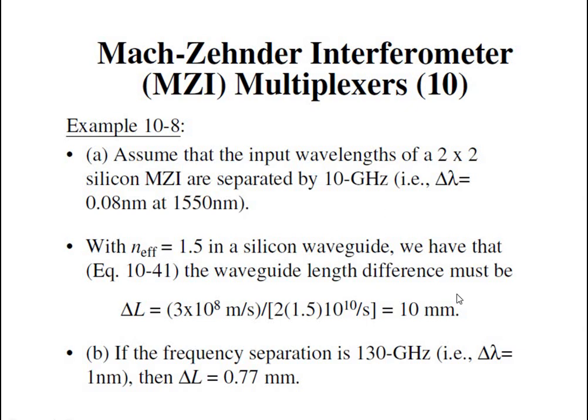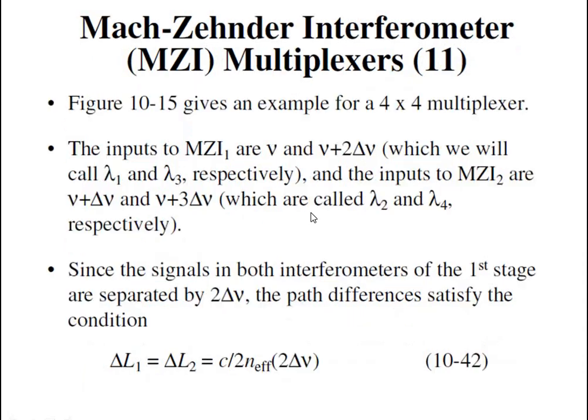After substituting, we get the answer as 10 millimeter. If the frequency separation is 130 gigahertz, then we will get the waveguide length difference as 0.77 millimeter.